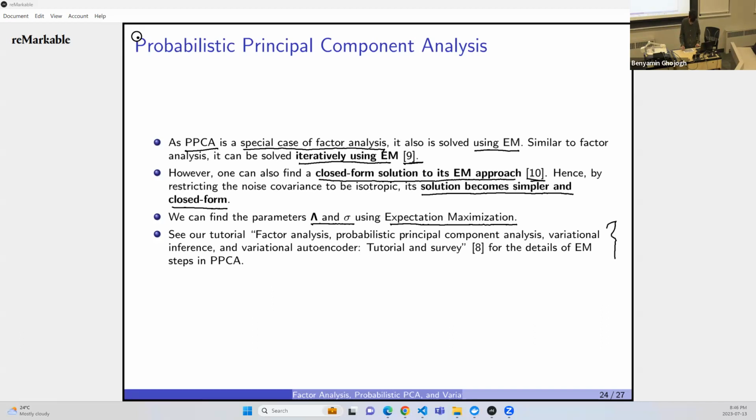And you can see our tutorial paper for seeing how we found it. In the tutorial paper or in the chapter of our book, we have said how you find the closed form solution for probabilistic PCA. I haven't brought it here so as not to overwhelm you.